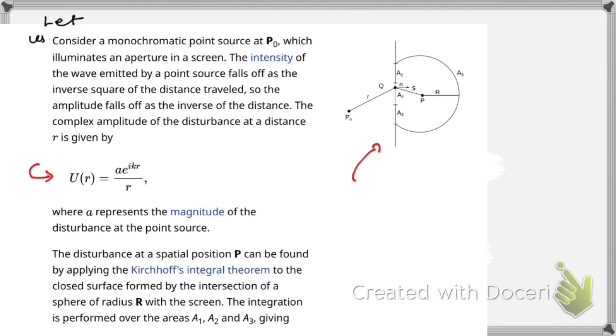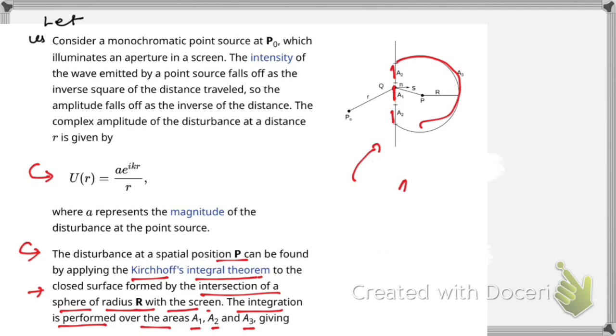The disturbance at spatial point P can be found by applying Kirchhoff's integral theorem to the closed surface formed by the intersection of a sphere of radius R with the screen, and the integration is performed over the areas A1, A2, A3. Here this is A2, and here is A1 and this is A3.